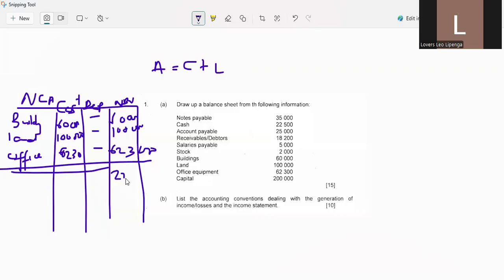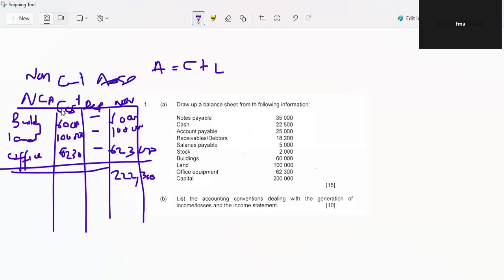I'm a bit lost. What's the last column? These are non-current assets. We have the cost value, the depreciation, and the net book value. If there was depreciation of 10,000, the balance here would have been 50,000. Since there's no depreciation, we leave them as they are.